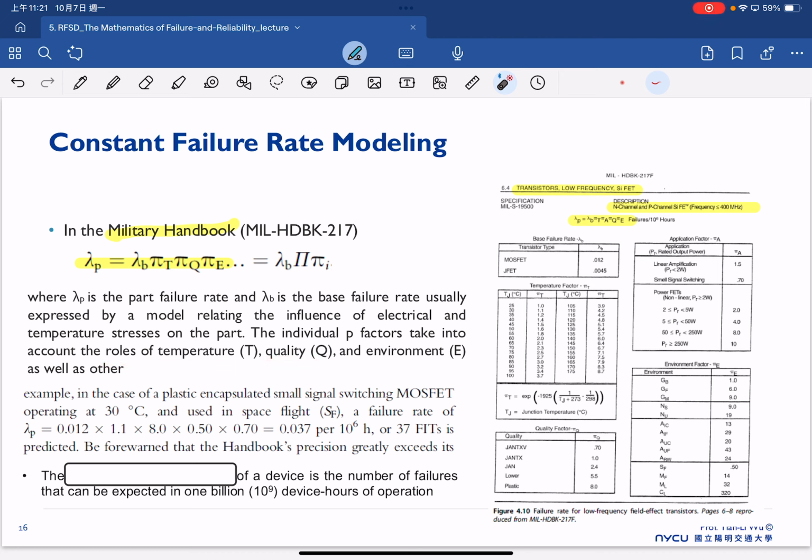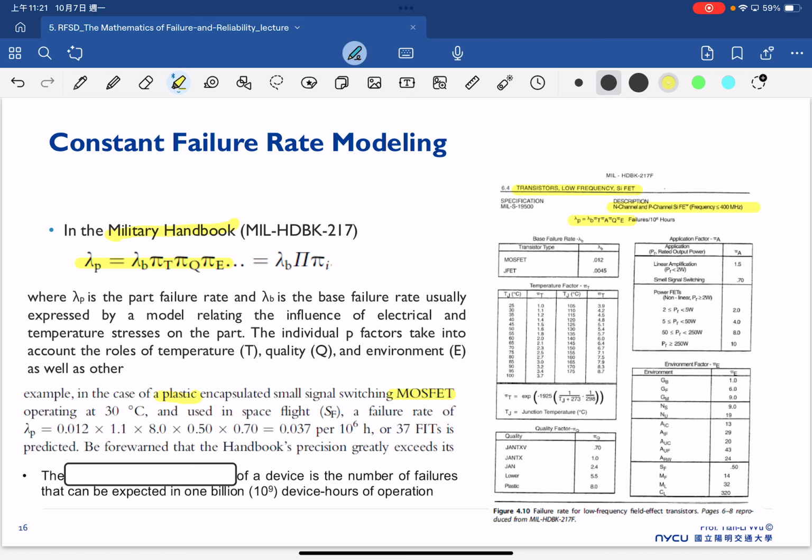So let's look at one example of how we calculate the failure rate under a specific condition. For example, in the case of a plastic small signal MOSFET, we have to look at the related information here.